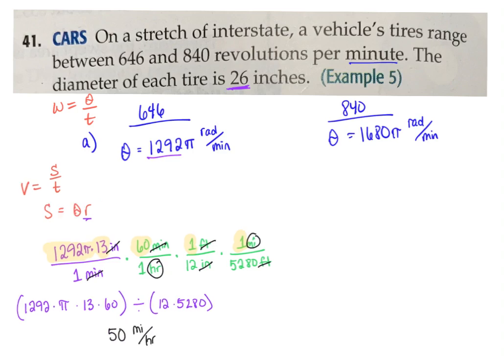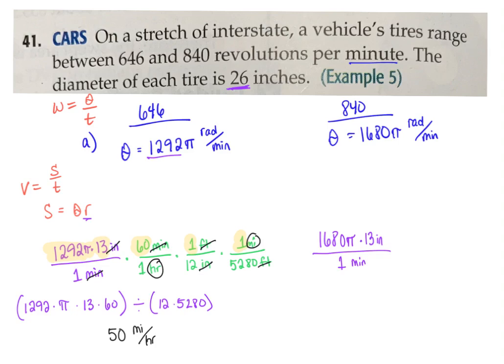All right, so then the second piece is the same exact thing. We are not going to take the 840, because we've already multiplied that one. We're going to take the 1680 pi, that's my theta, times my r, 13 inches, per 1 minute, and we are going to do our conversion exactly the same as we did before.